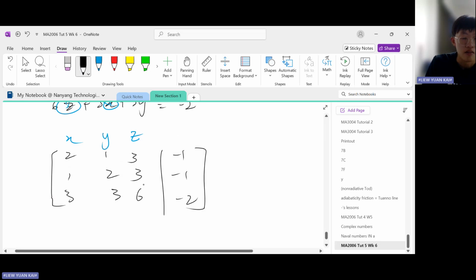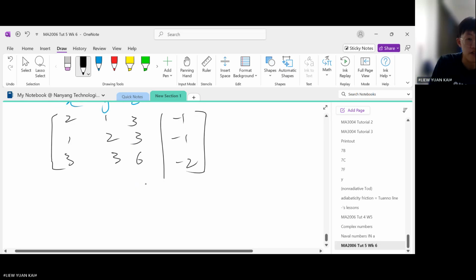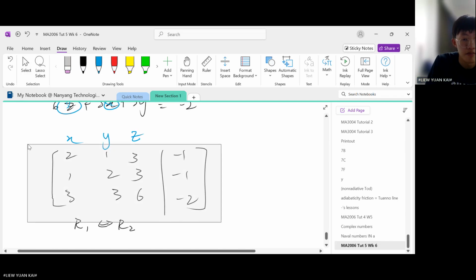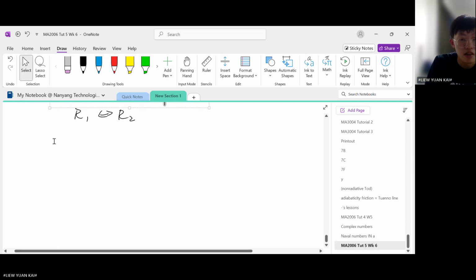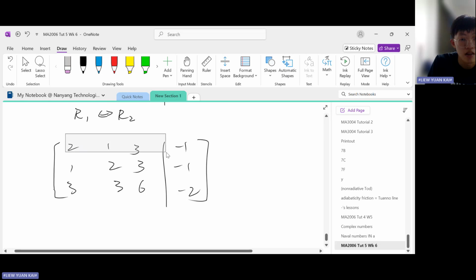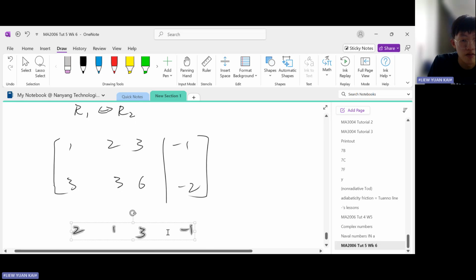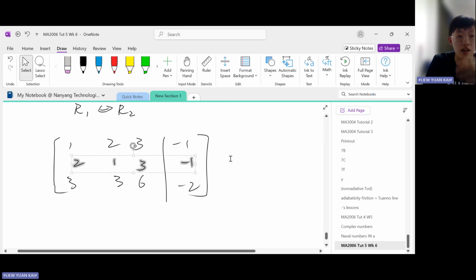So what am I going to do? The first thing that I will do is a row swap, between row 1 and row 2. So what will this become? If I do a row swap, row 2 will come up here, and row 1 will take row 2's place, like that.